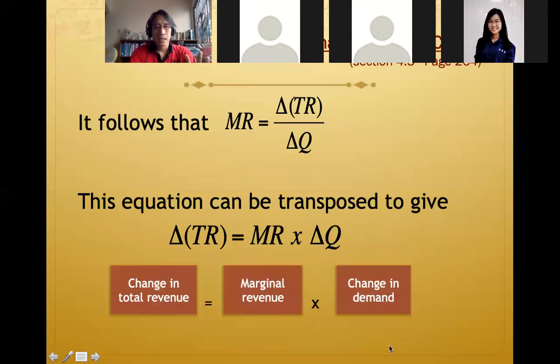Before we try to solve that problem, I would like to explain other things about marginal.